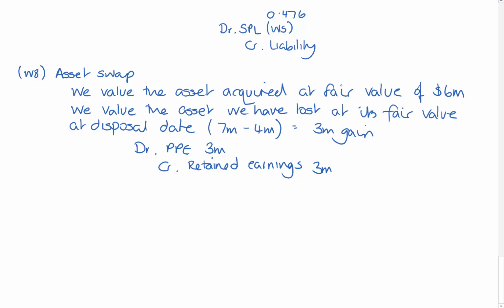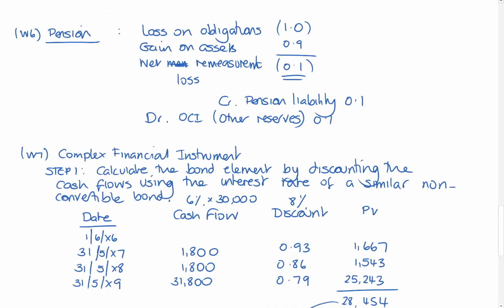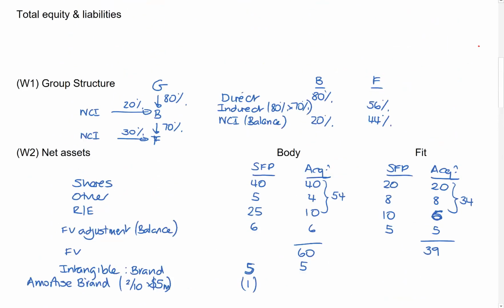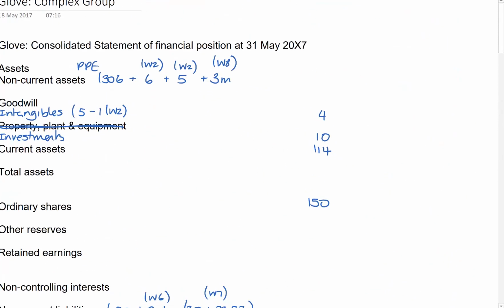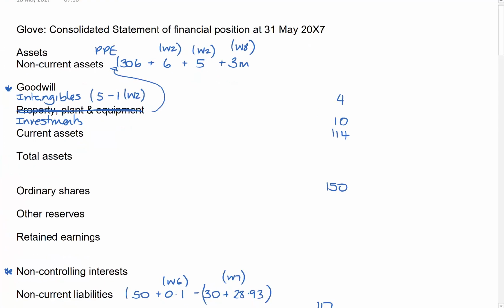So what have we done here? We've brought in a new asset. And effectively, yeah, sorry, I should have my PPE figure. I didn't set out my workings particularly well. So I've lost an asset in the accounts at 4. I'm going to replace it with an asset, and I'm going to show it at the value of the asset we've given up, which is 7. So I've increased the value of my assets by 3. Note F, goodwill has been tested for impairment and no impairment loss.